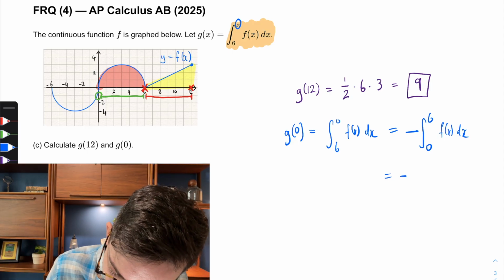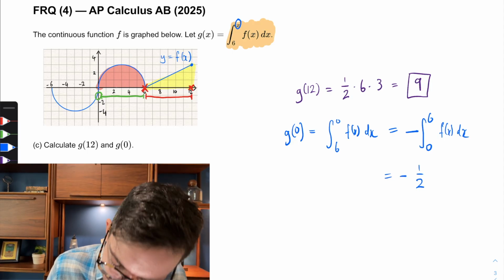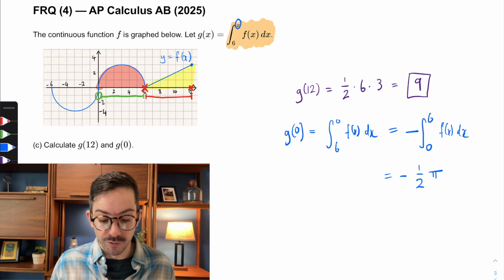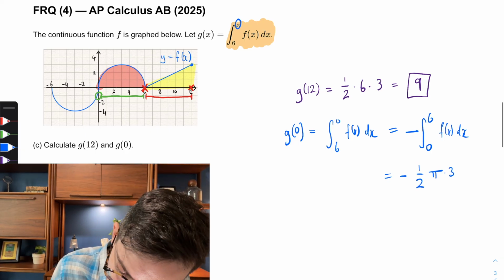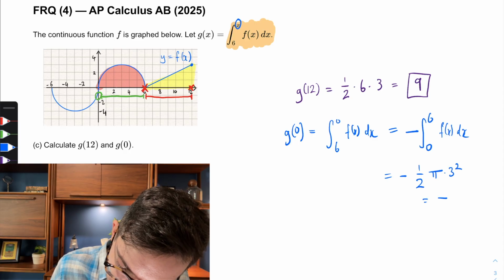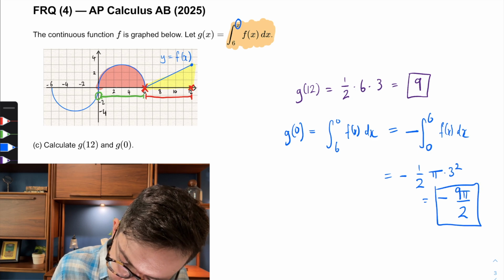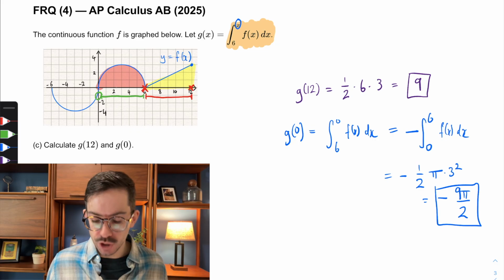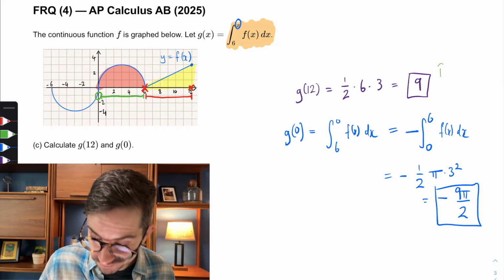So I'm going to get negative half the area, pi r squared, and the radius of the circle, if we count boxes, is 3. So this is going to be negative 9 pi by 2. Okay. That's us done. How are the points shared out here? Well, I get 1 point for each answer. Pretty straightforward stuff.